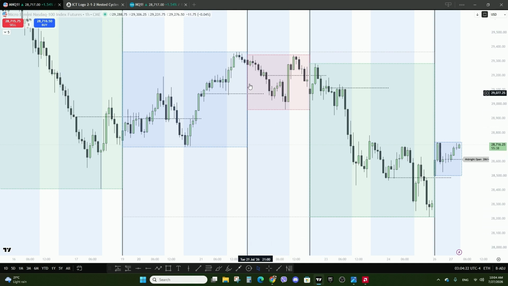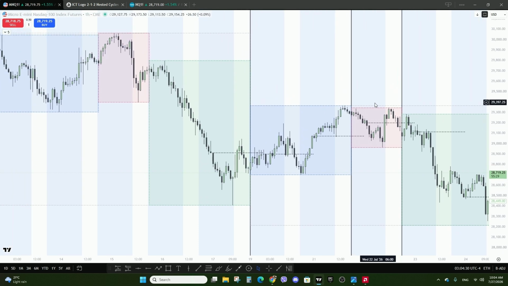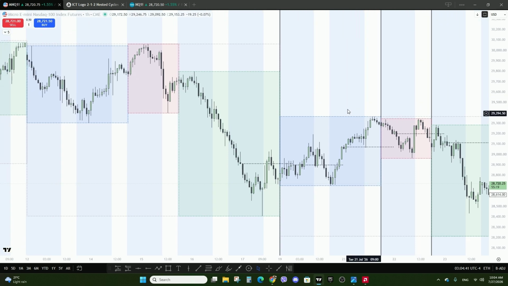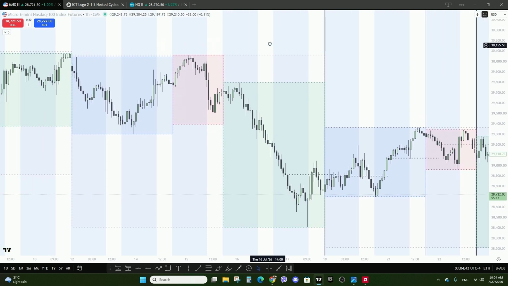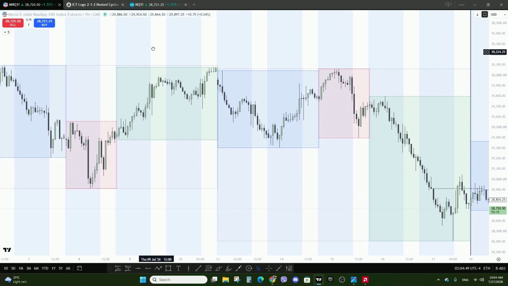Okay. And now I want to go back for a few weeks so you can actually see it. See here, the high formed just before the manipulation cycle, but we're going to come back to that later on. Here, previous week, high of the week forms during manipulation.